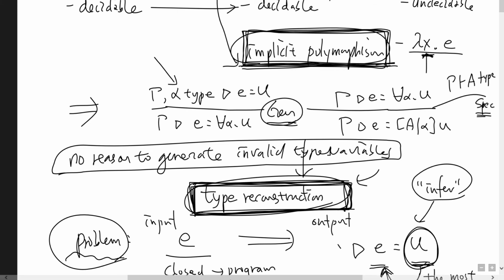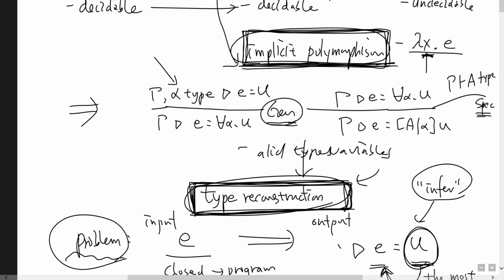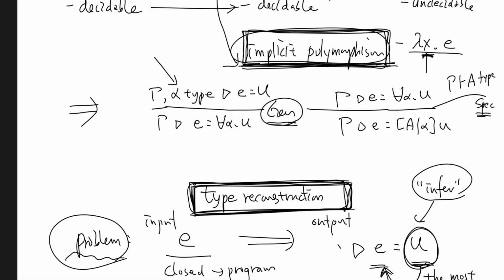With this assumption in mind, we can say that every type variable generated by this type reconstruction algorithm is going to be valid. So therefore, now there's no reason to state explicitly that type variable alpha is valid, because we assume that every type variable is valid.